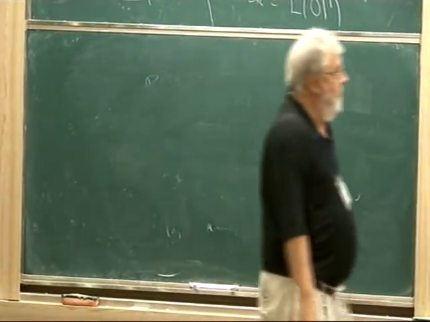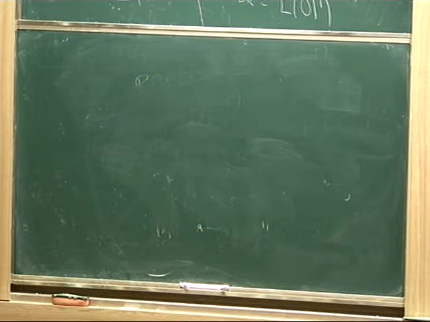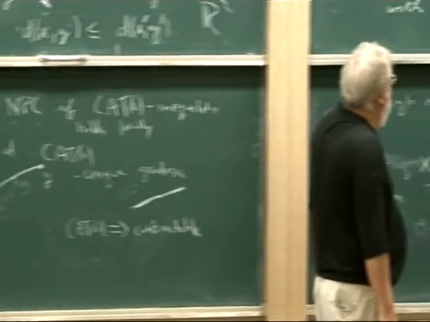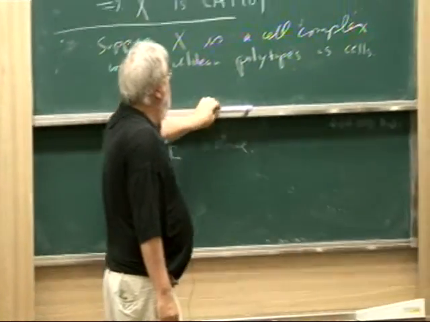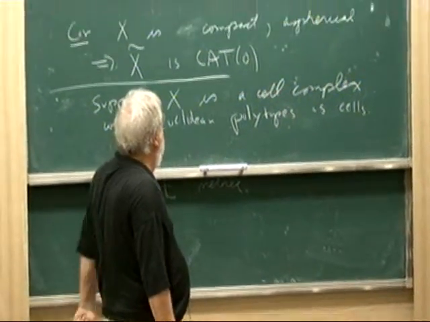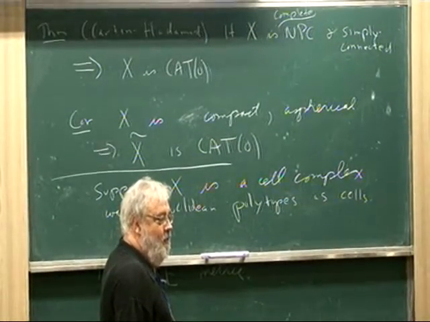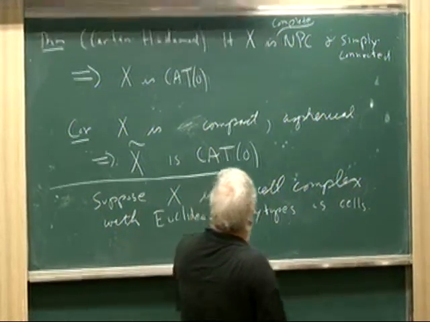So, the hypothesis of the corollary: compact aspherical and, oh, non-positively curved, right, sorry.